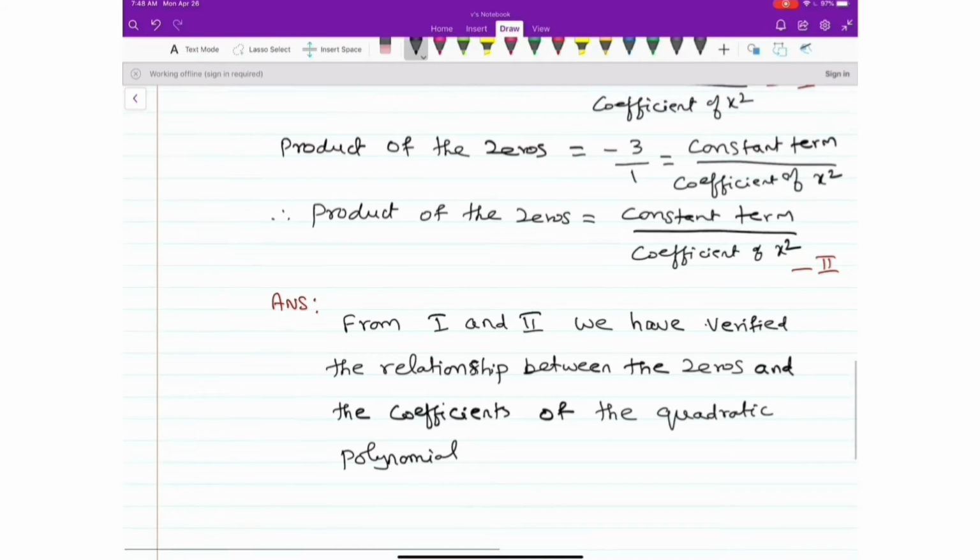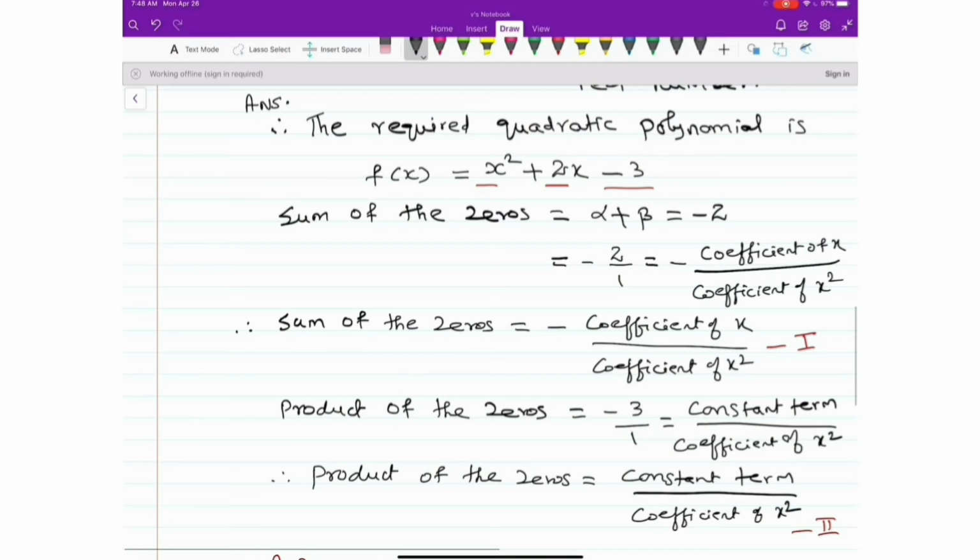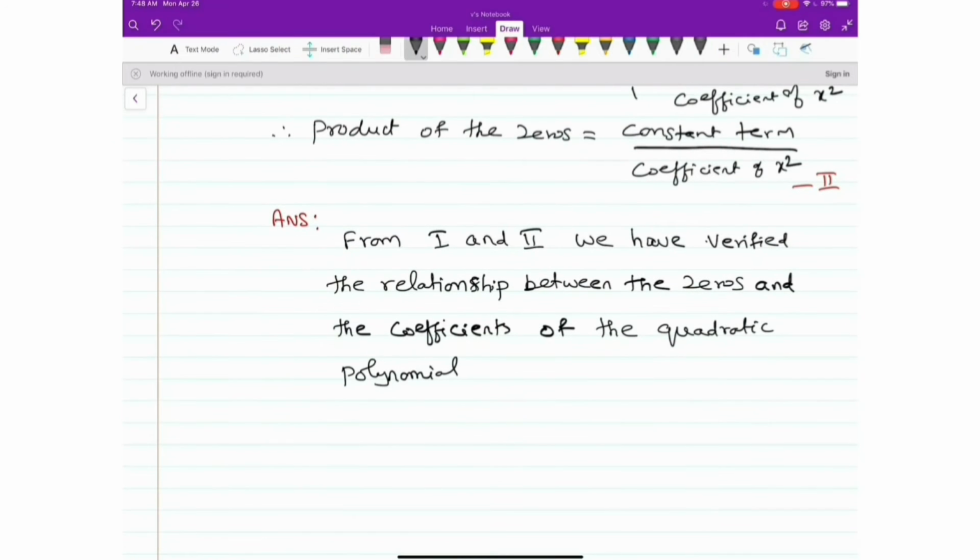What is the polynomial we got? f of x is equal to x square plus 2x minus 3. Let me write it here. Polynomial f of x is equal to x square plus 2x minus 3.